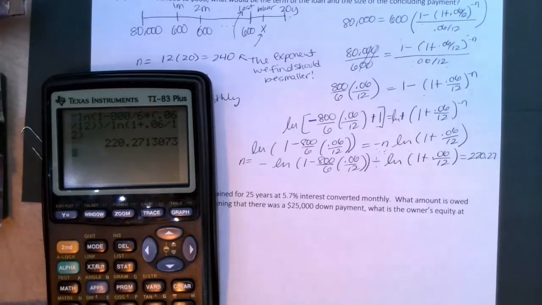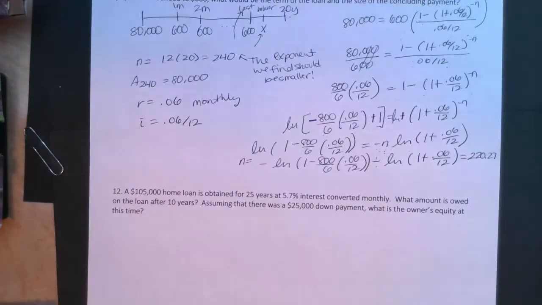Okay? So that means that our smaller payment is going to be smaller than 600, because when we see concluding payment, we're assuming 1 month later, or one payment period later. In this case, it's 1 month.